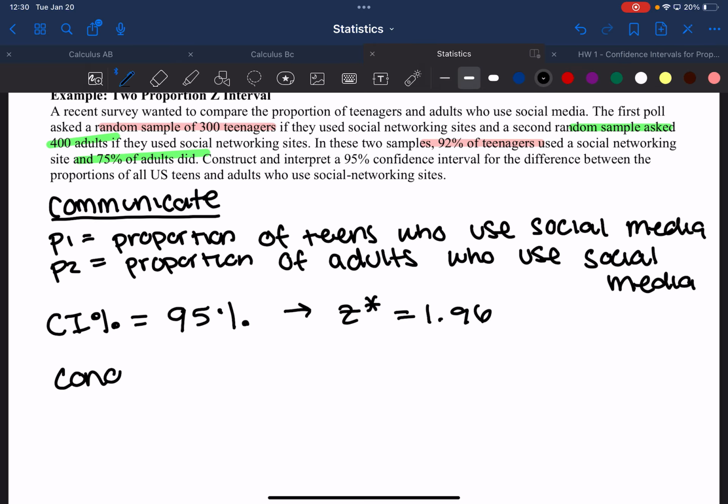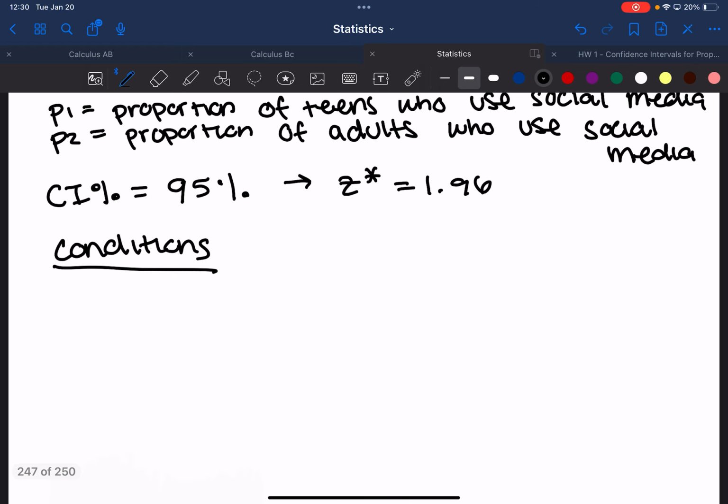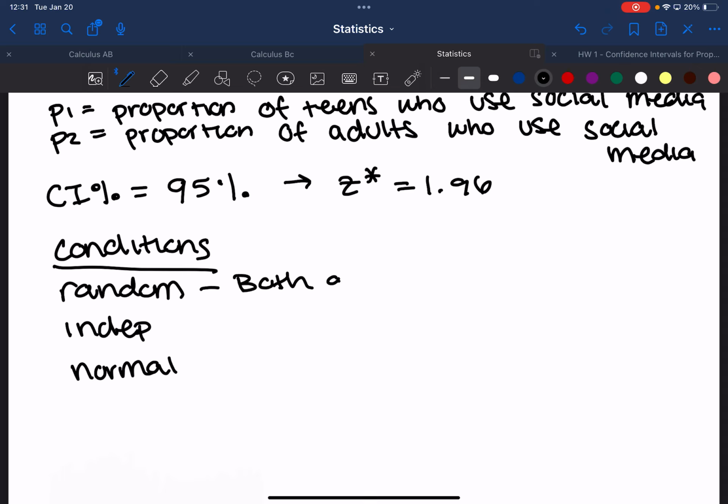Okay, our next is our conditions. So our conditions, we have random, independent, and normal. For random, we need to write or check what? For random, that both samples are randomly selected.